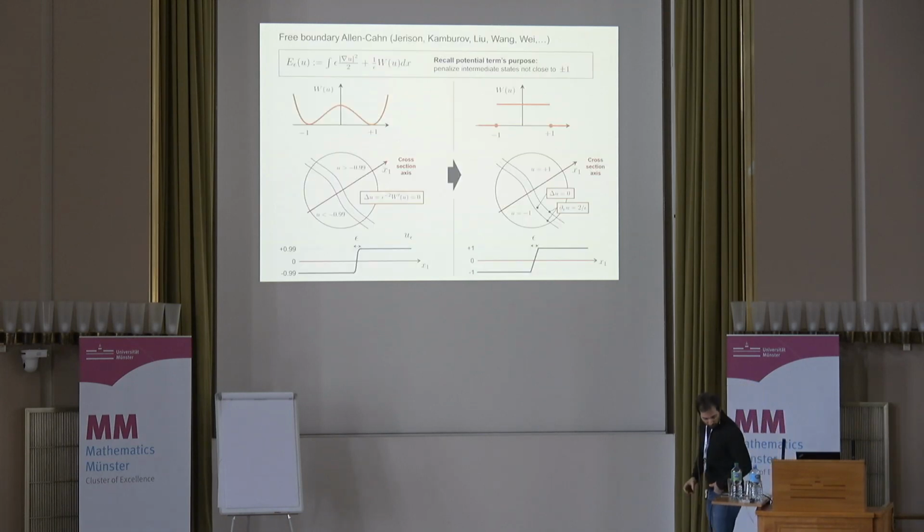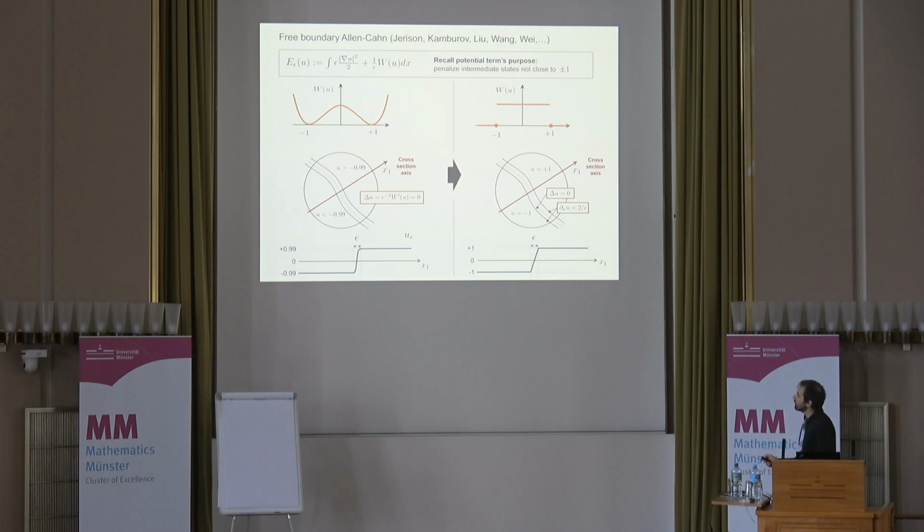But today I'm going to simplify my life a little bit, and I'm going to talk about the free boundary version of Allen-Cahn. This, as far as you know, was introduced for the first time in a PhD thesis of Kamburov with David Jerison at MIT, right? And the idea is very reasonable.